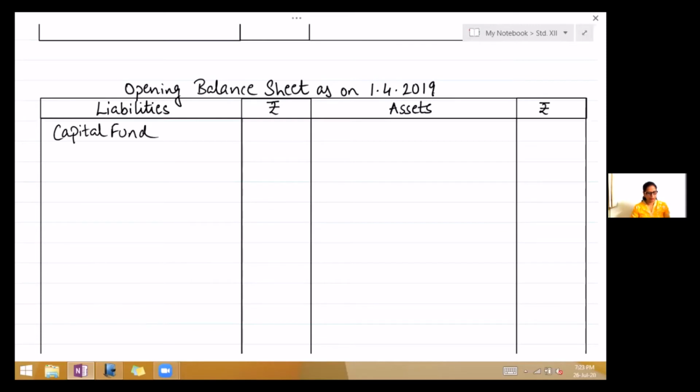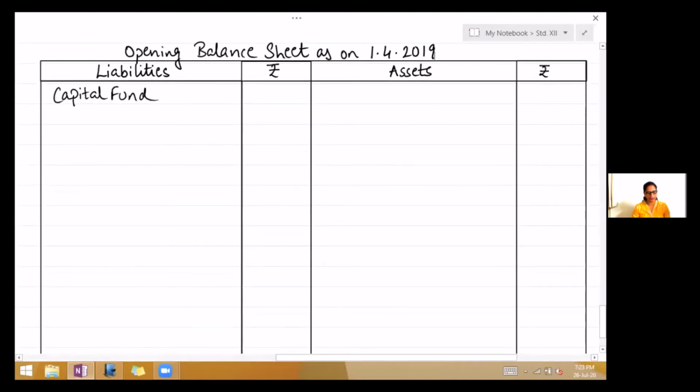Okay, we begin with the receipt side. First, it is to balance brought down. So this balance will come on the asset side of the opening balance sheet. So write there cash 5,000.